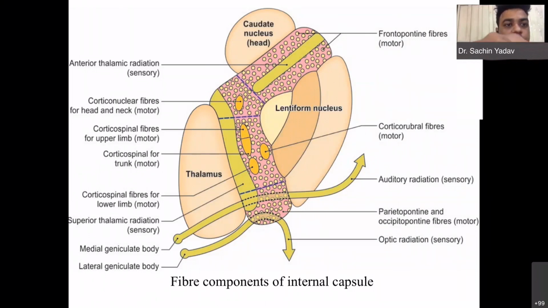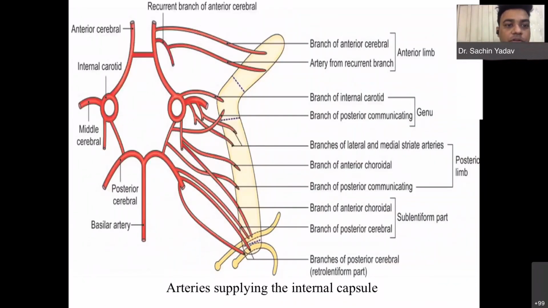The next slide, the artery supply of the internal capsule, you can see. I will just enumerate, it is all in this diagram. If you are attending to the blood supply of the brain, this is the arterial circle, or circle of Willis.